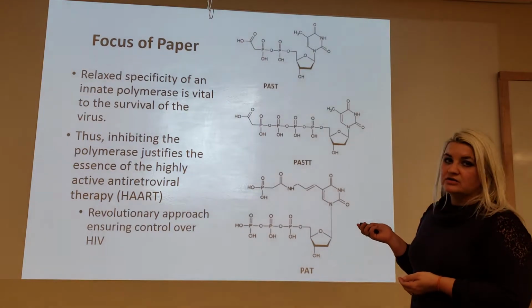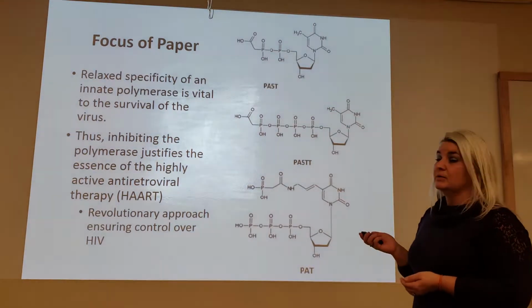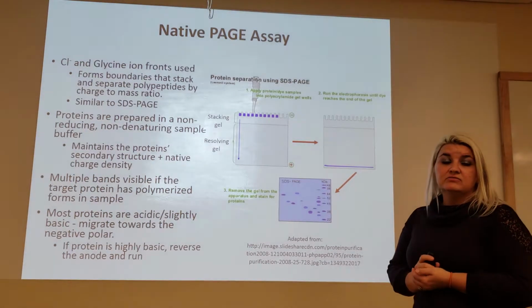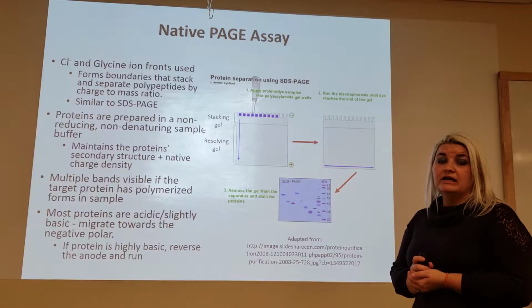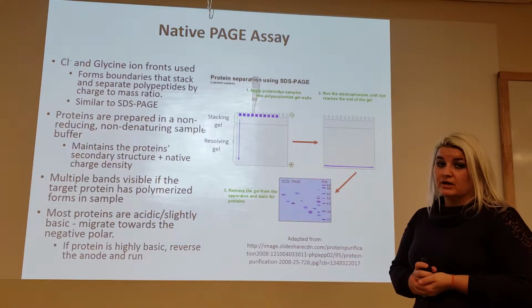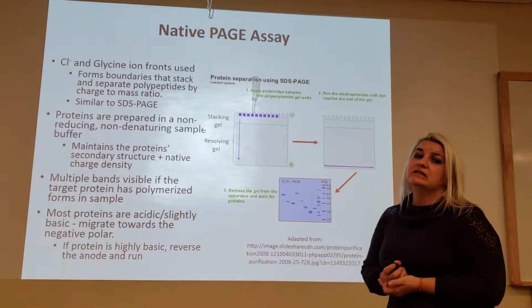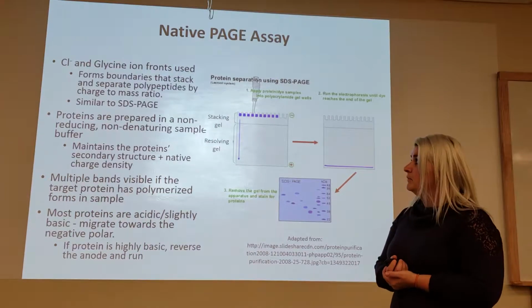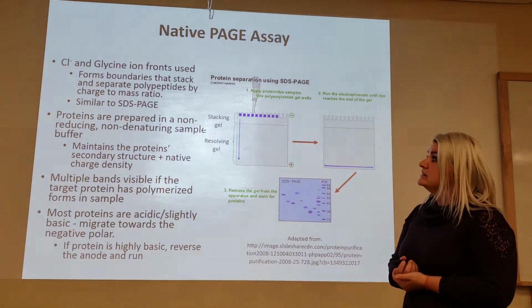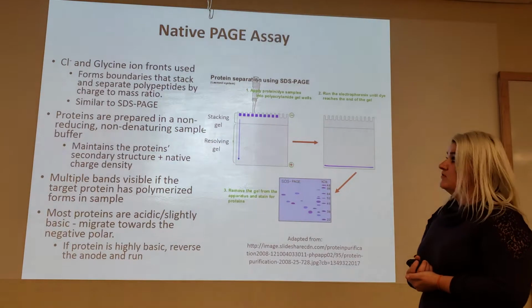So in order to focus in on how these inhibit the polymerase, they used one form of method called native PAGE assay, PAGE standing for polyacrylamide gel electrophoresis. This is similar to the SDS-PAGE that we used during the molecular lab. What happens is chloride ions and glycine ions are used as a front.